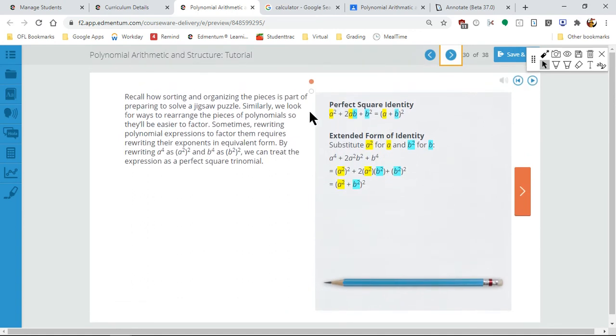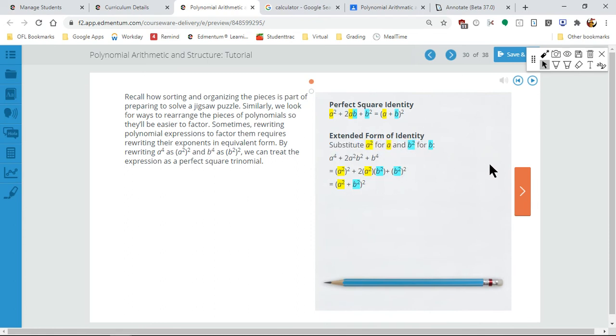Here we are. So that's what they're doing here. They're substituting stuff in. So extended form of identity, they're substituting in. Instead of calling this x squared, they're just going to call it a. So they're just plugging it in and using the rules they already have. This luckily was the perfect square identity.